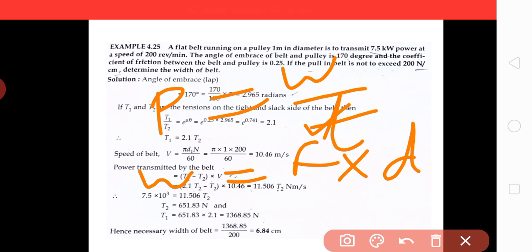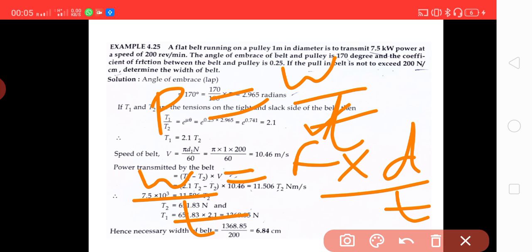Work done is force into distance traveled, and then divided by t. Then it becomes F into v.